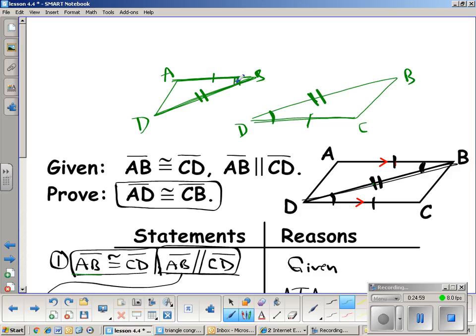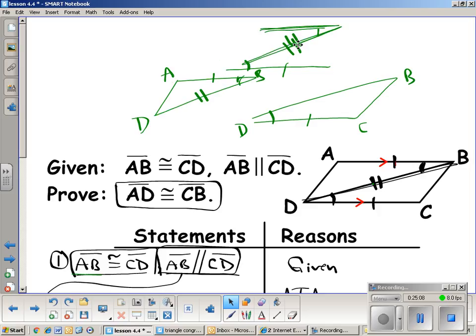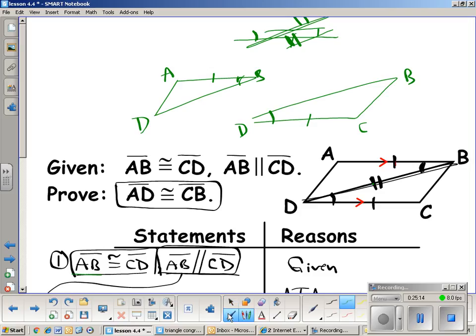Okay? Now, what if instead of that side I was given this angle. Angle, angle, side, yeah, because the side is between the angles, right?